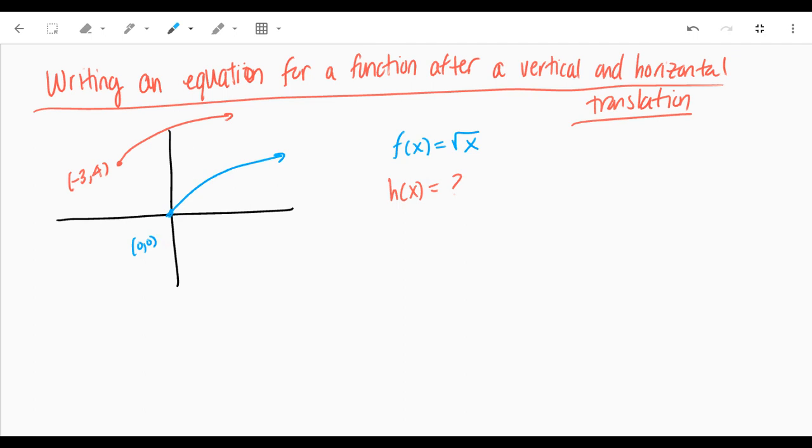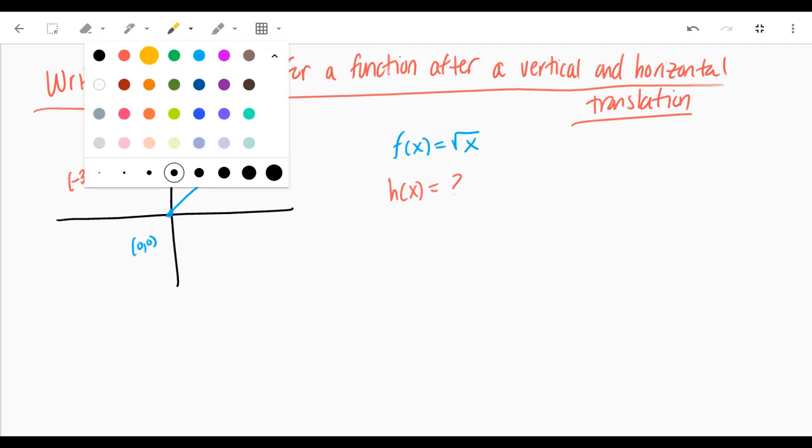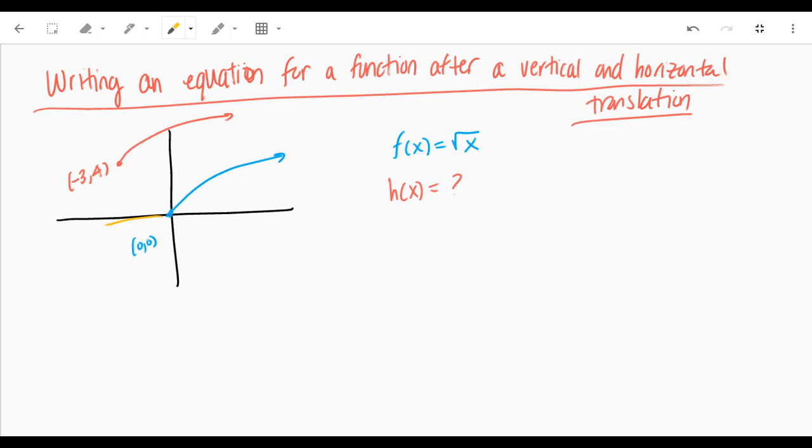Okay, so that means that I moved left 3, right? And then up 4. So that means that my h is -3 and my k is 4.